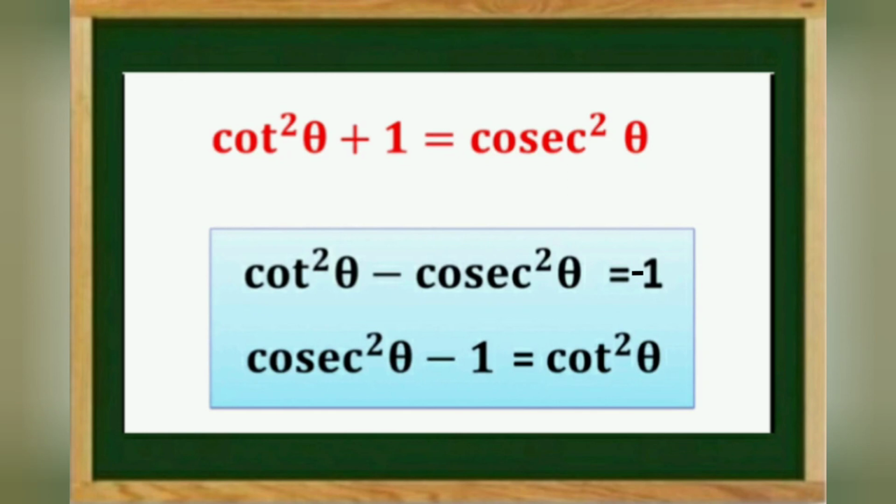You can shift cosecant square theta to the left hand side and plus 1 to the right hand side. Then you will get cot square theta minus cosecant square theta is equal to minus 1. Like this, we can find possible identities to solve trigonometric problems. Are you all clear, children?